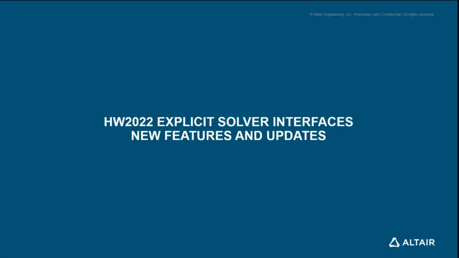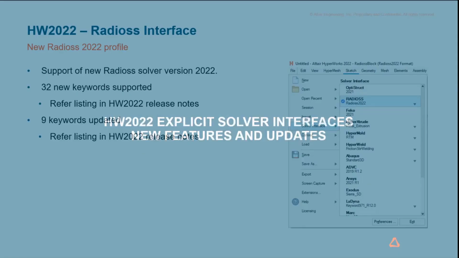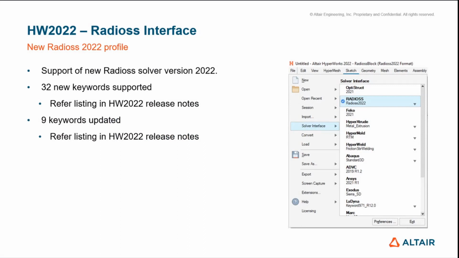So moving forward with the new features in the HyperWorks 2022 release for the explicit solver interfaces. I will start first with the Radioss profile. In this profile, we have, as usual, made the new Radioss 2022 profile available together with the new release of the 2022 Radioss solver version. So this is supported in HyperWorks at the same time.